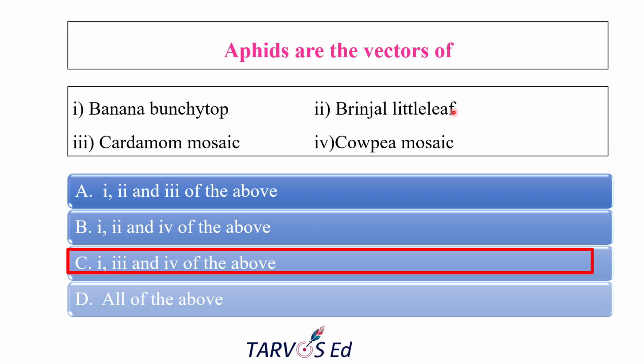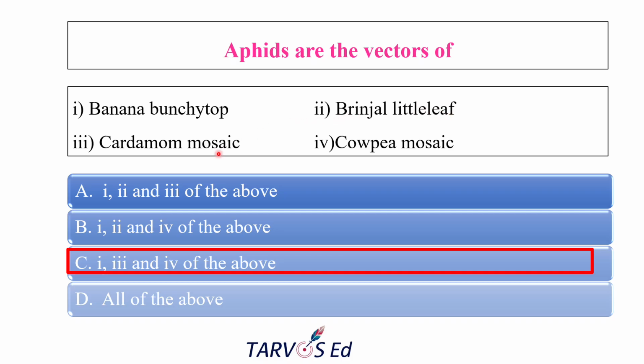It is usually transmitted by a leafhopper, Hishimonus phycitis, which is not an aphid. Also remember brinjal little leaf is a phytoplasma disease, and aphids are not the vector for phytoplasma. They usually carry viruses. This is the trap option, so leafhopper is not the correct answer here.